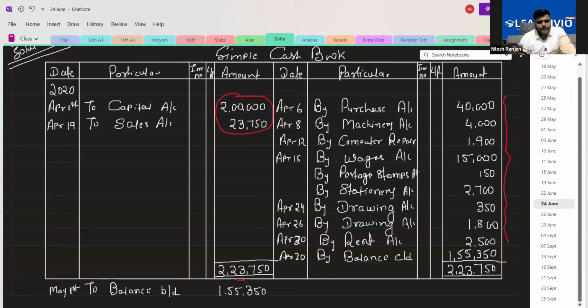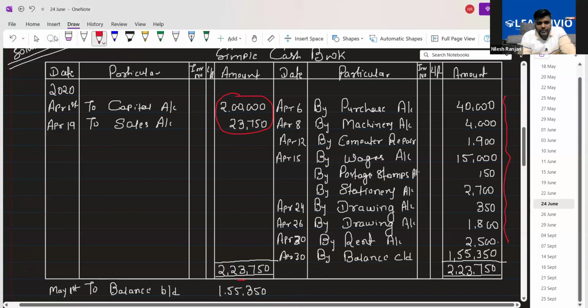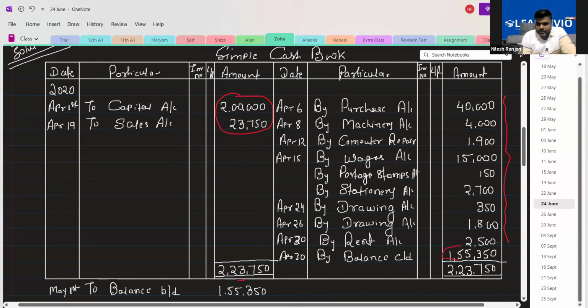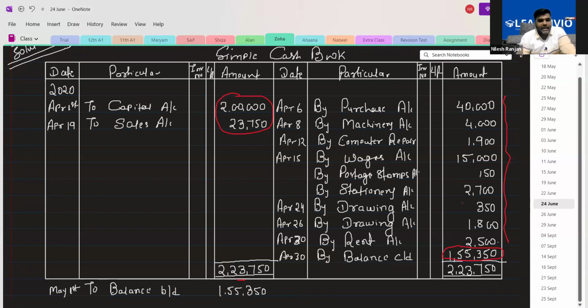So first we calculate the total on both sides, because this is the balance we have already written, 1,55,350. You can see this balance is calculated later, obviously. So before that, leaving this part, we will calculate the total of debit side items and the total of credit side items. Whichever is higher will be written on both sides.